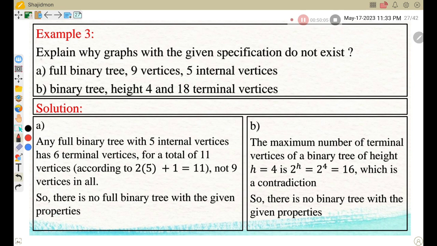Explain why the graph with the given specification does not exist. This tree does not exist. Why? First one: a full binary tree with 9 vertices and 5 internal vertices. Is it possible or not?